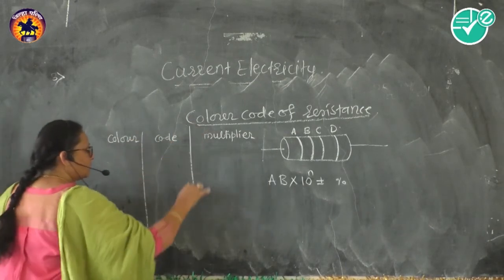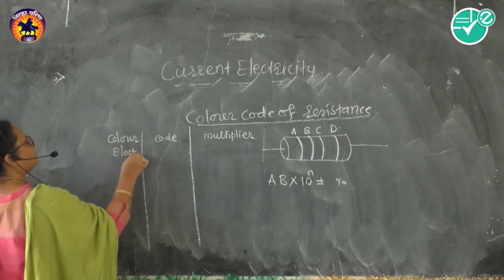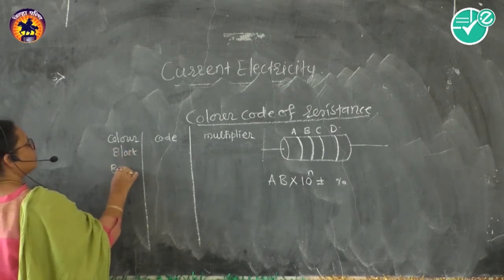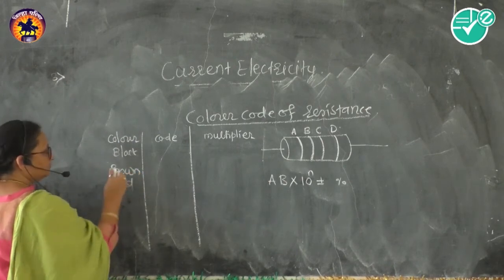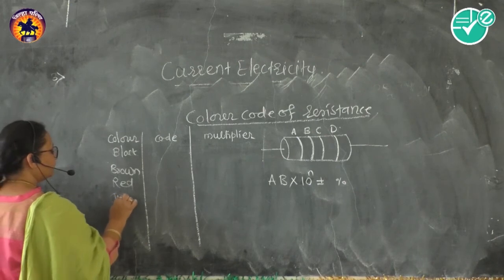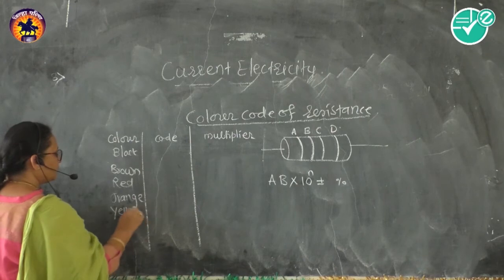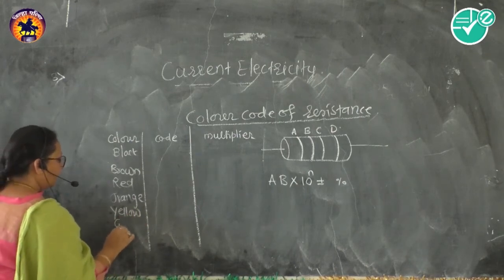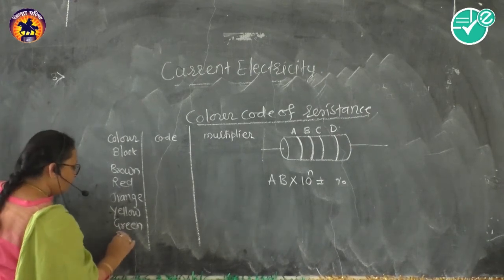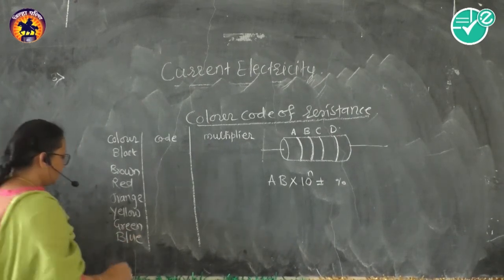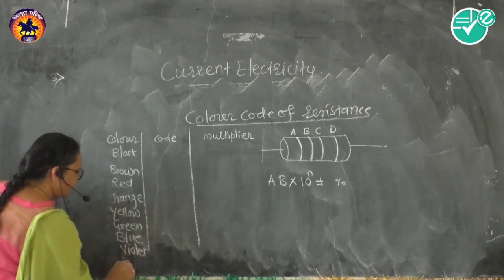These colors are black, brown, red, orange, yellow, green, blue, violet, grey and white.